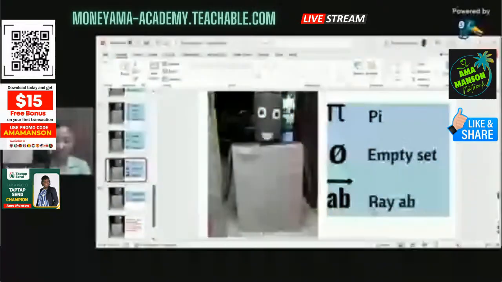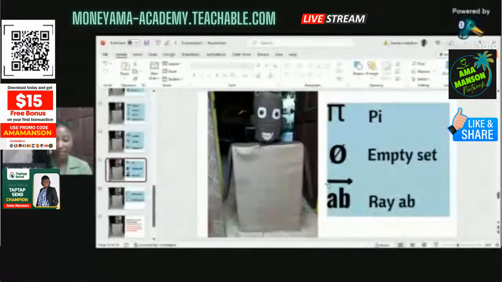Here we have a ray. So a ray has one endpoint and the other point goes to infinity. Actually, you can't see the endpoints here, but that's what it is.